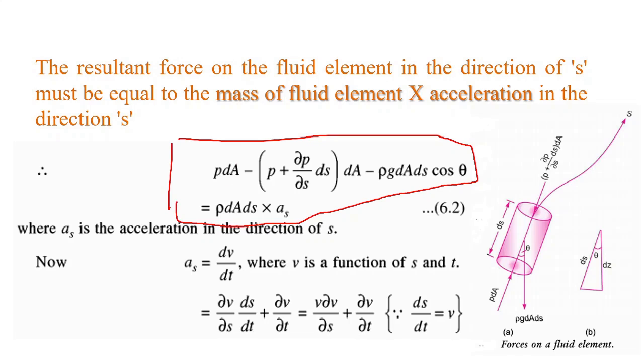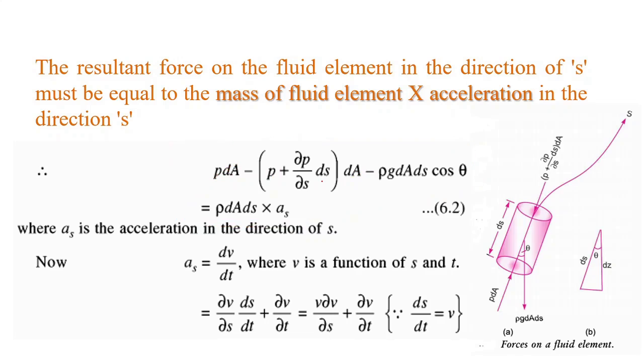We first multiply: PdA minus P into dA plus dou P by dou s into ds into dA, this P into dA and this P into dA cancel, leaving minus dou P by dou s into ds. It is a simple substitution, and we have to calculate.